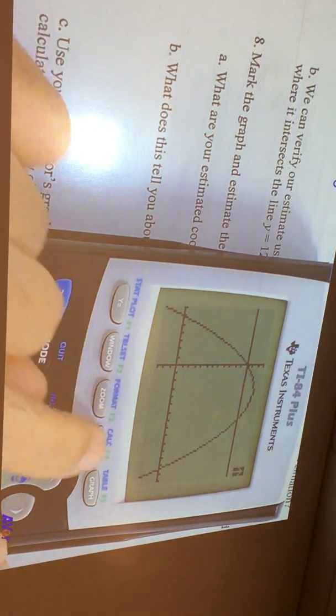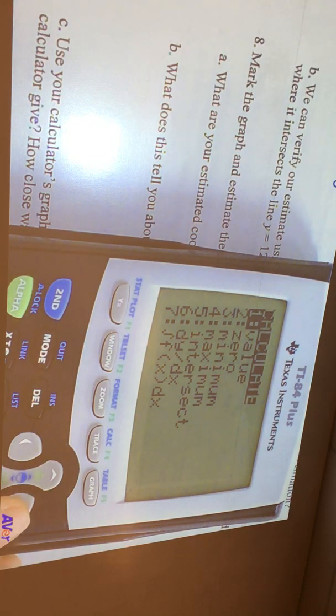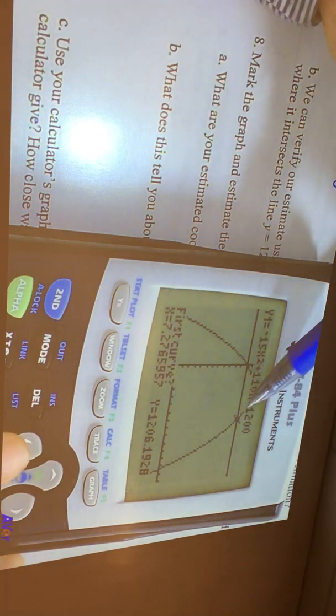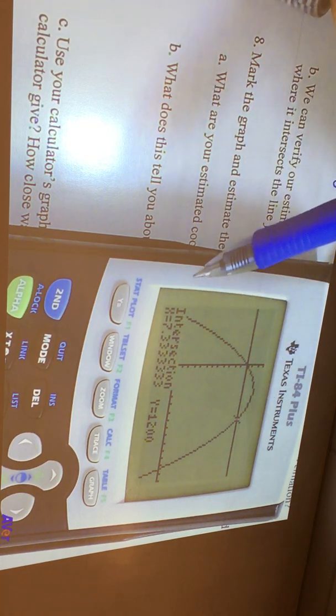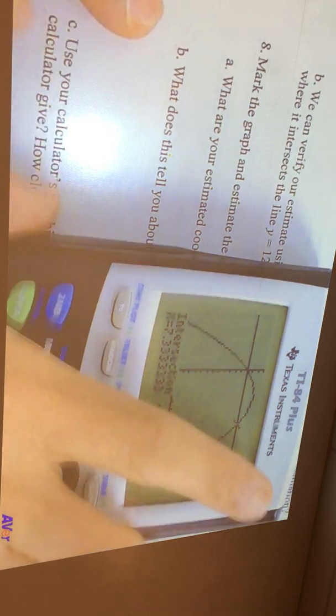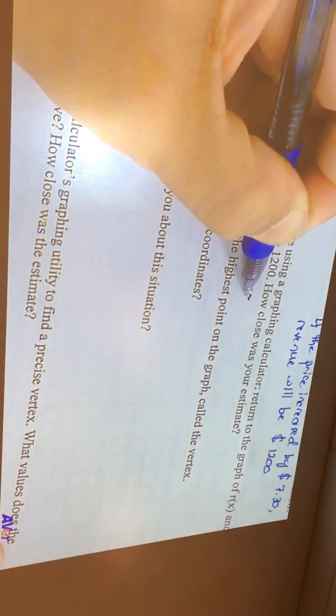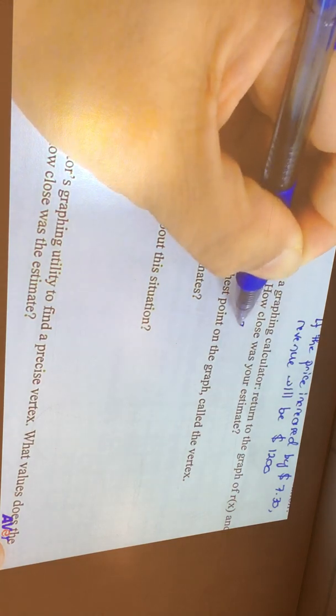So second trace, and then number 5, and make your point a little bit closer there. And press enter how many times? 3 times. 1, 2, 3. What is our value? 7.33. All right, okay, so here we get x is about 7.33, and again, pretty close.